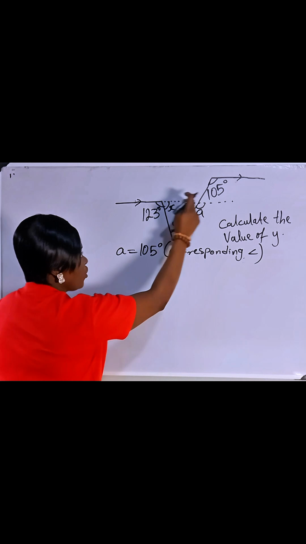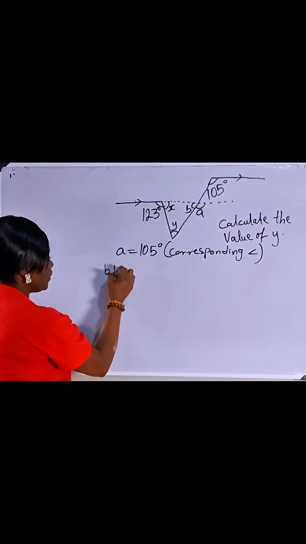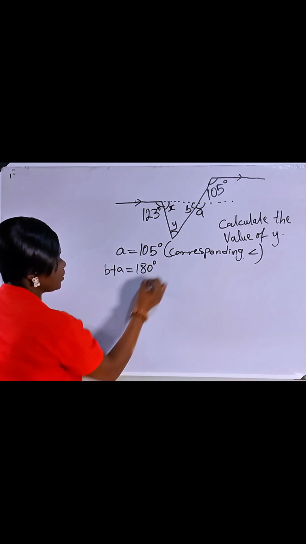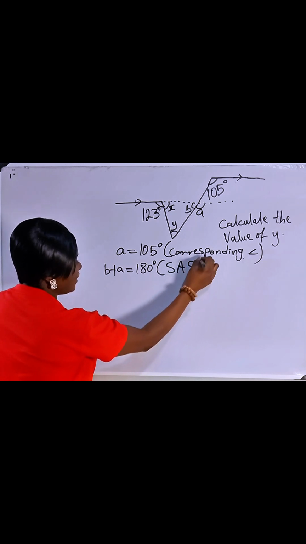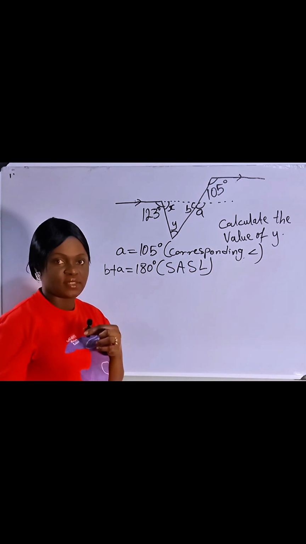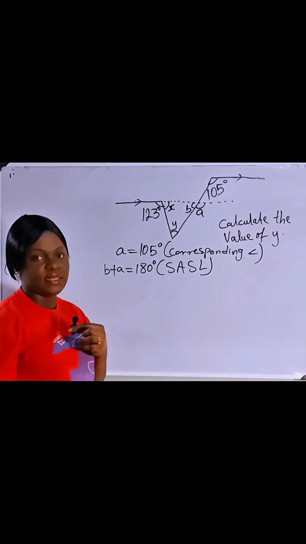This and this are on a straight line. So we have that B plus A equals 180 degrees, because the sum of the angles on a straight line is equal to 180 degrees.